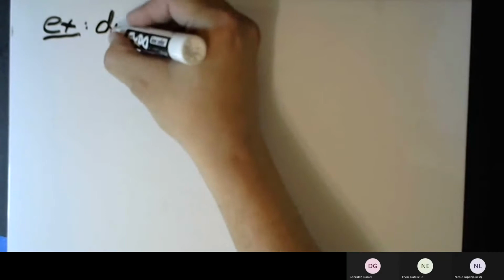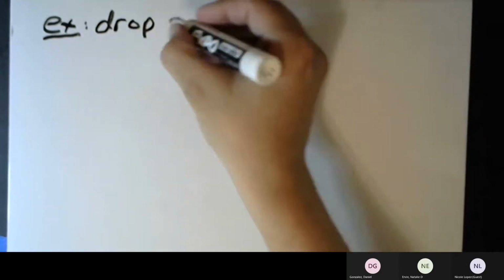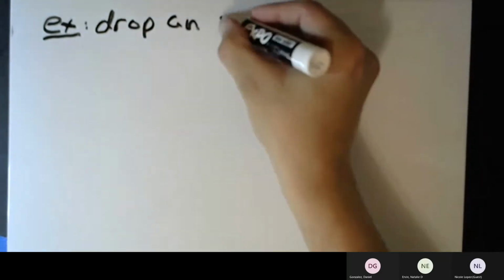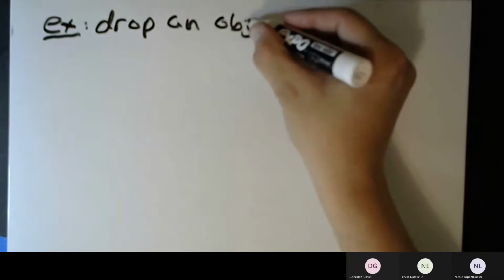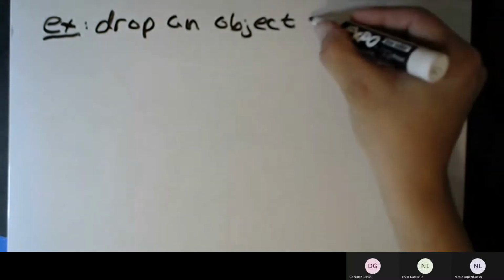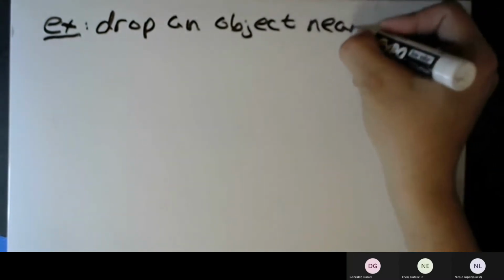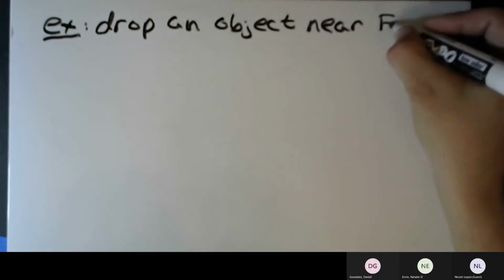So let's say we drop, and we've seen this already, but we're going to drop an object near the surface of the Earth.